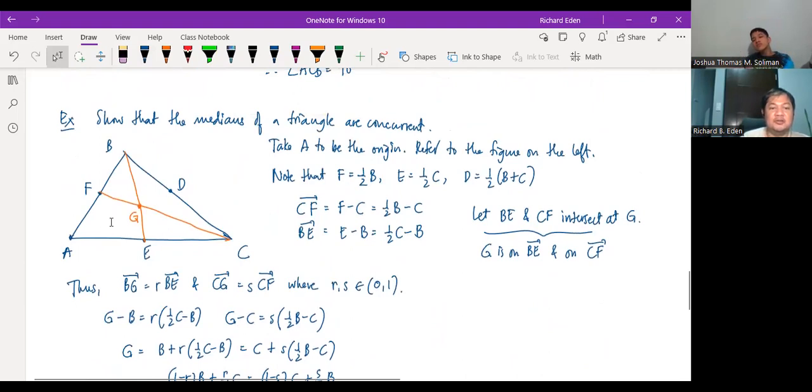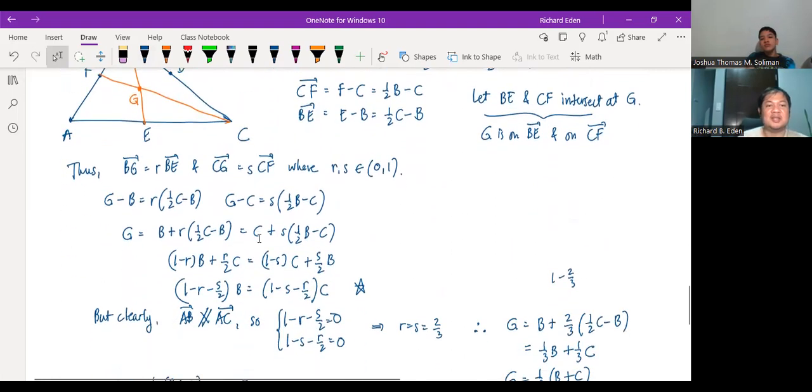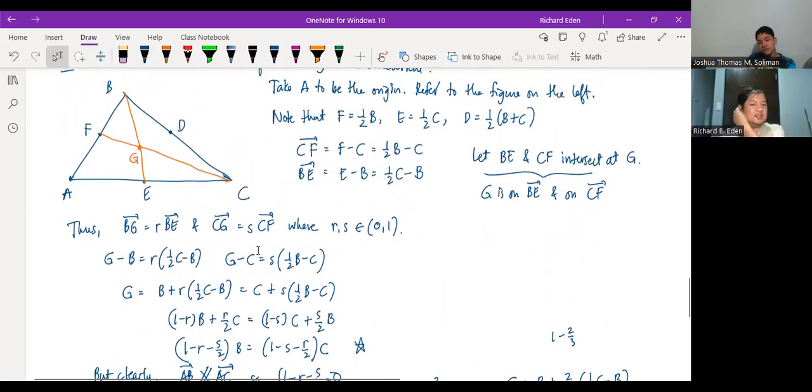AG is 2/3 of AD, so that means AG is on segment AD, and so A, G, D are collinear, which means G is not just on those two orange medians already drawn, it is also on the median AD. And furthermore, we are able to retrieve the right ratios, the right relationships between how the centroid G partitions each median. All right, and that's using vectors.